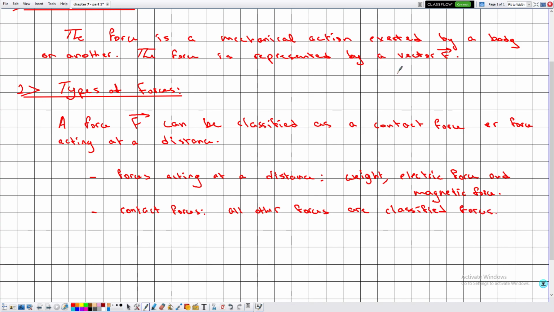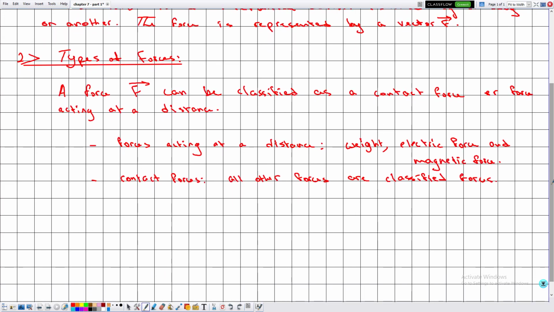So why is the classification of a force important? Let me make the following note.